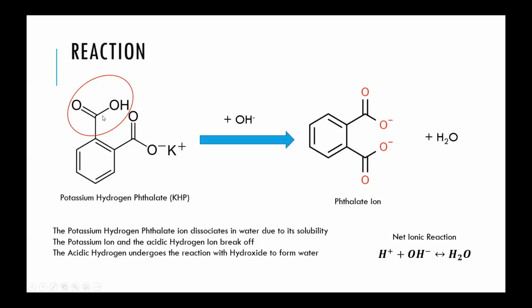The hydrogen on this OH group has its electron drawn more towards this oxygen and is able to leave relatively easily. This is because there's a high region of electronegativity. You have this oxygen here with 2 lone pairs of electrons, and this oxygen here with 2 lone pairs of electrons.